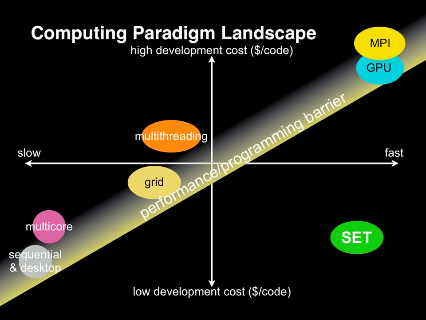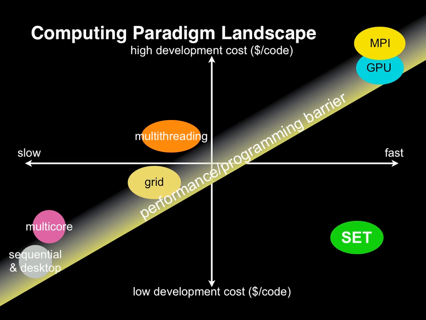With considerable additional development cost, grid and multi-threading approaches can give better performance, but their efficiency is less than is possible using modern supercomputing techniques. The computing paradigm of MPI is the ultimate supercomputing approach, but it comes at a substantial price, in that you need to hire elite expertise to achieve the ultimate in performance.